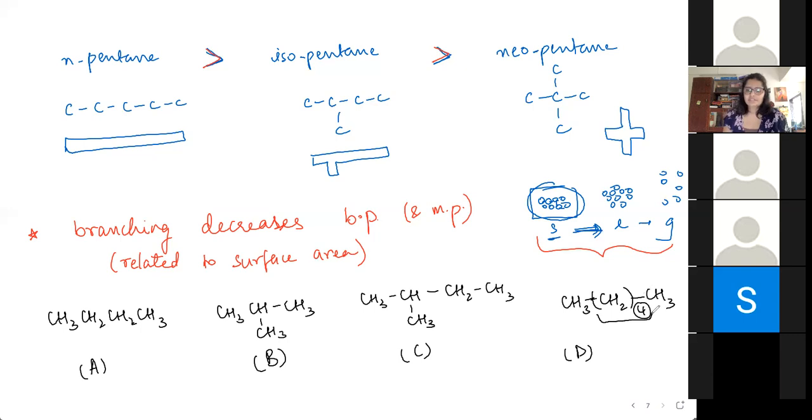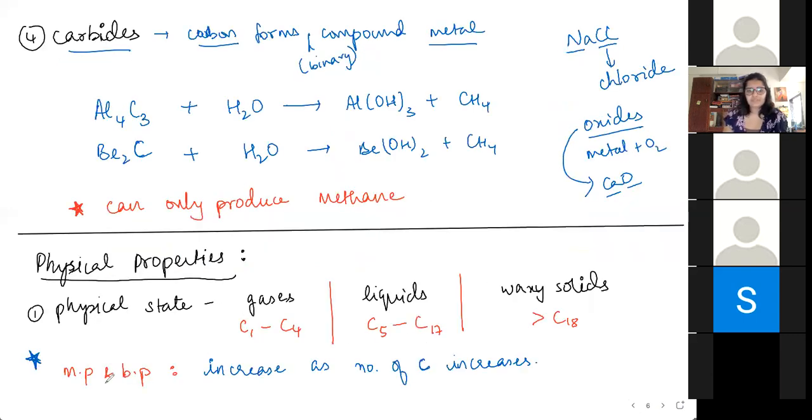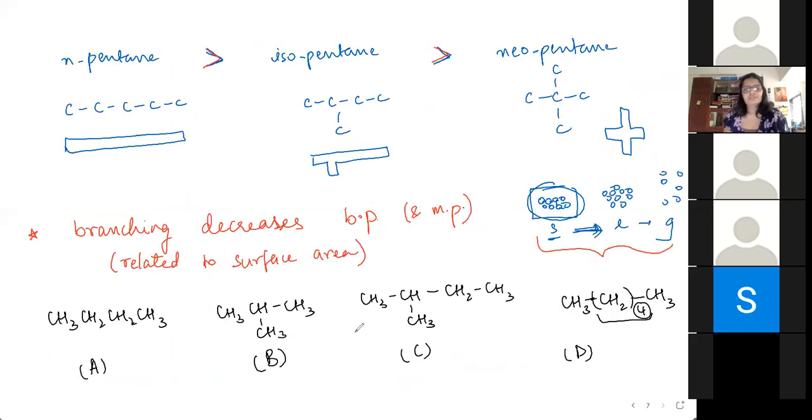First, you need to consider this: number of carbon atoms is more means the boiling point also will be more. And if you run into a situation where both have the same number of carbon atoms, then you need to look at the branching. So Smera is correct. Rishit, the first and last are correct. The middle one, you may check again.